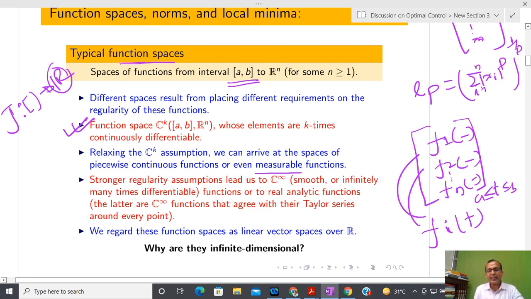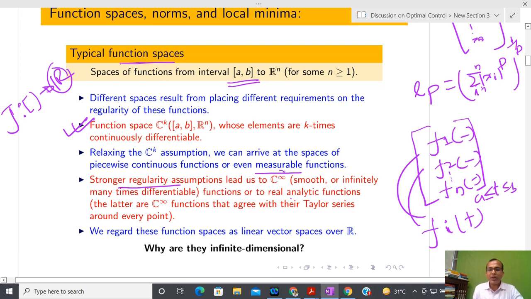Another thing I can do is give a stronger regularity assumption: I consider that all functions are infinitely many times differentiable. Whenever something is infinitely differentiable, then most of the time it is possible to show that there exists a Taylor series approximation at each and every point.